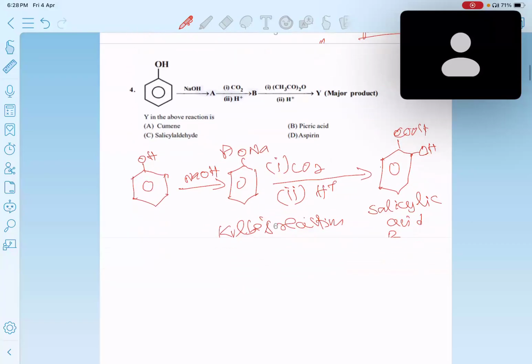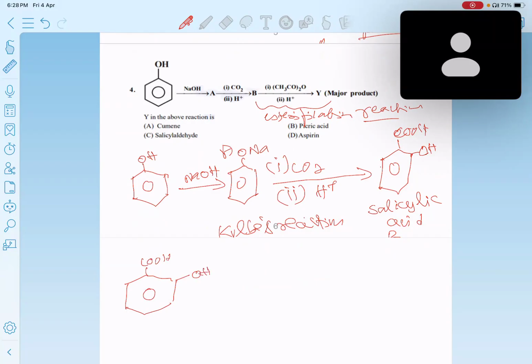After that, salicylic acid is treated with acetic anhydride, followed by concentrated H2SO4. Actually this is an esterification reaction. So what happens here is that when salicylic acid is treated with acetic anhydride, an acetylation reaction takes place.